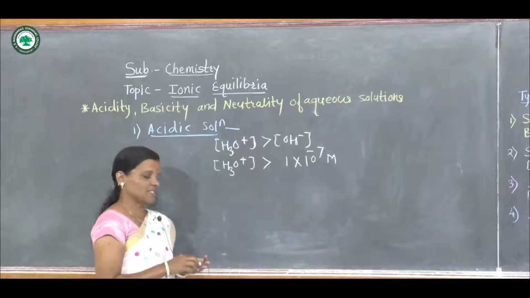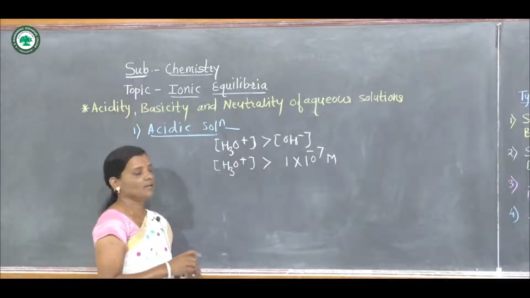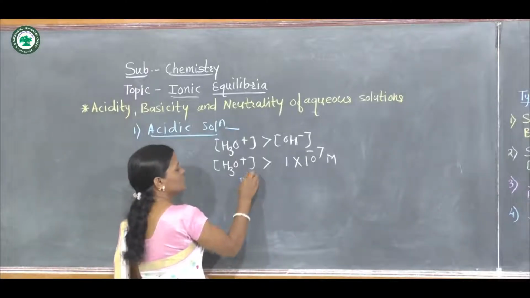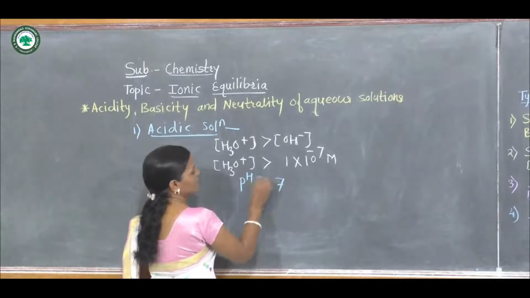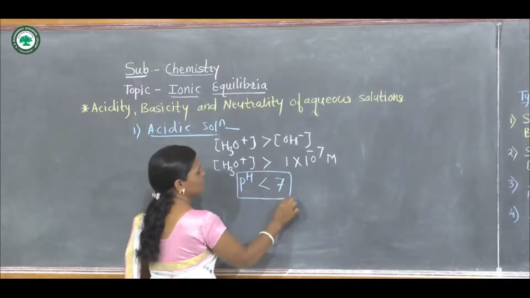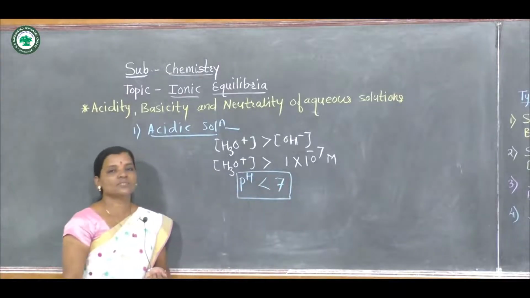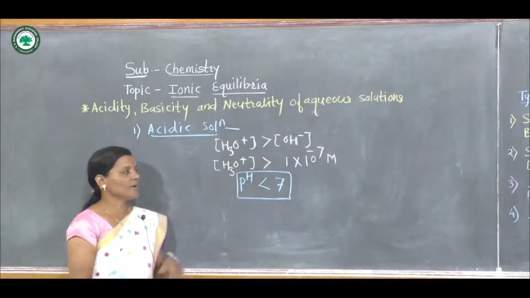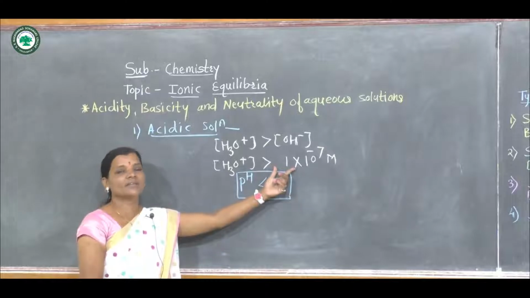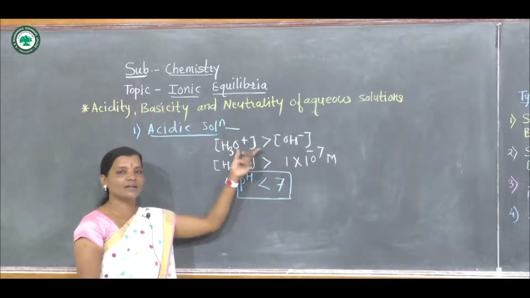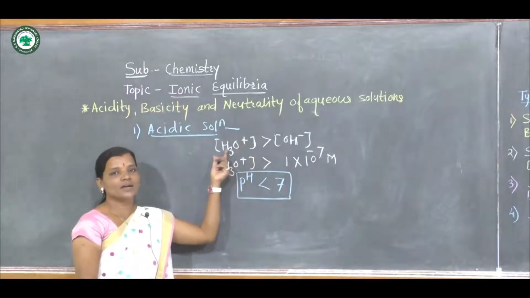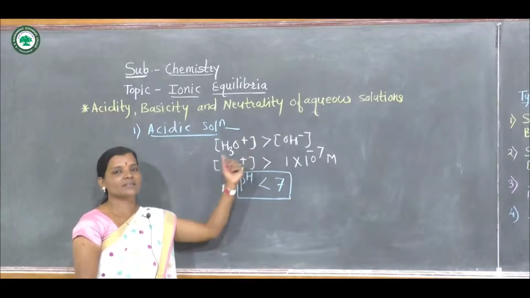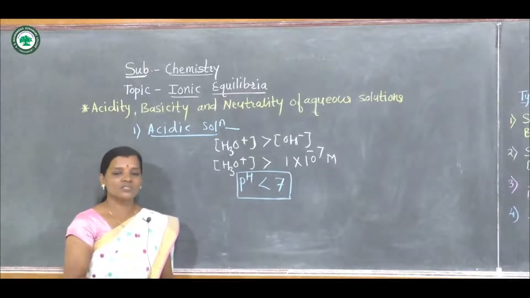And hence we can say that for an acidic solution, the pH of the solution is always less than 7, because here the hydronium ion concentration is greater than 1 into 10 raised to minus 7, and also the hydronium ion concentration is greater than the hydroxyl ion concentration.